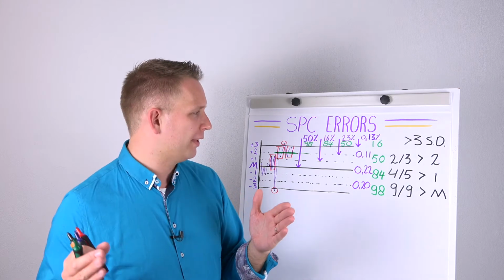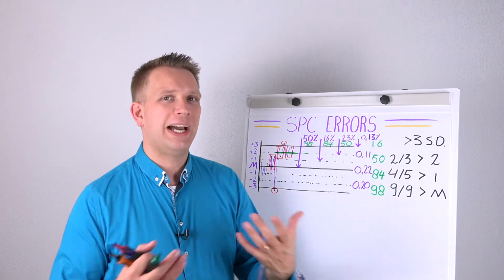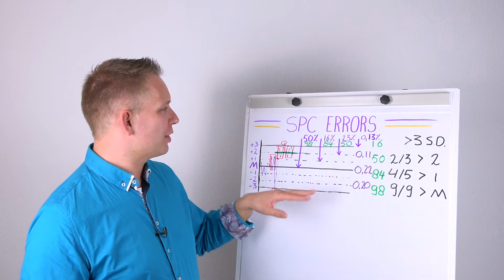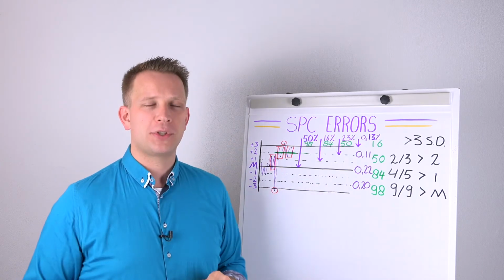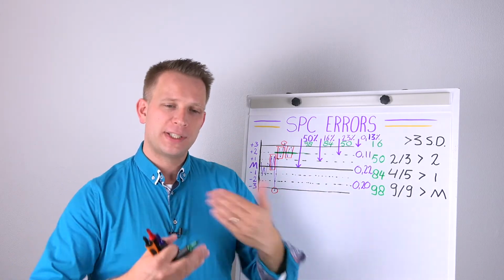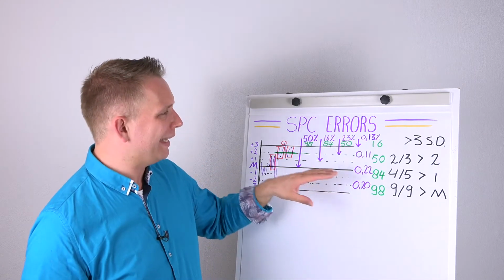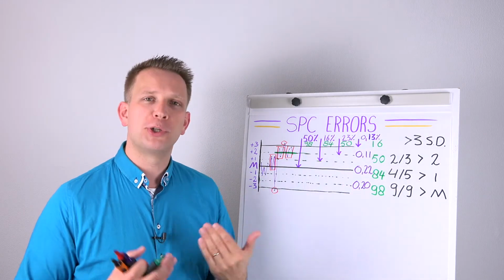And why a longer period of time? If you would check 3 out of 3 over the mean, then the chance of getting it wrong when actually the process has not moved becomes too high. So there are these trade-offs in there. And this is one of the reasons why we use multiple rules.